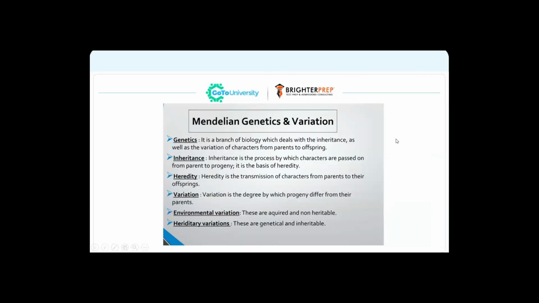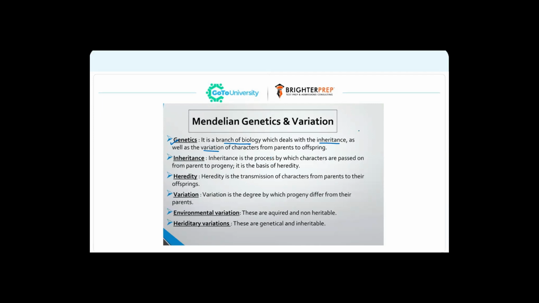So now moving to the terms related to Mendelian genetics and variation. The first term, as I told, is genetics. Genetics is a branch of biology which deals with the inheritance as well as the variation of characters from parents to offspring.